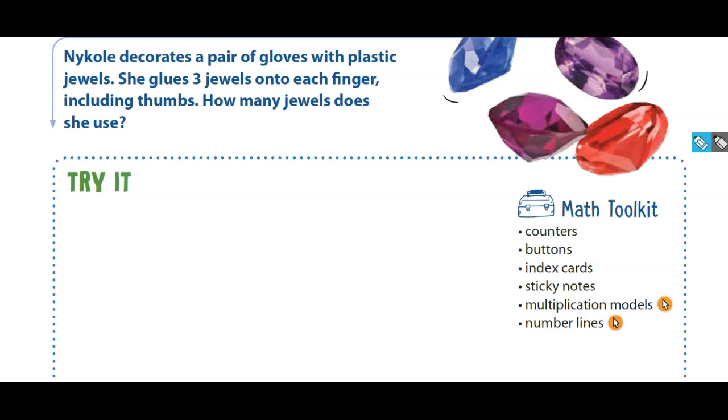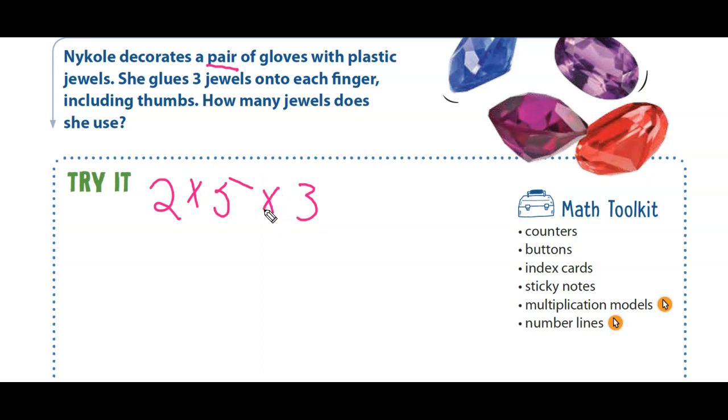So there are a pair, a pair means 2, and each glove has 5 fingers, and then she puts 3 jewels on each one. So I have to multiply all those to figure this out.